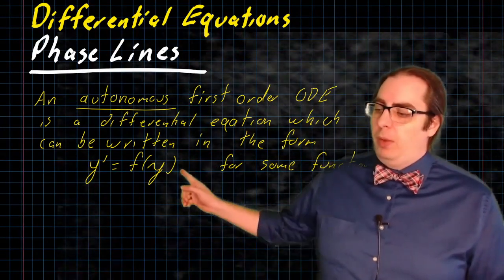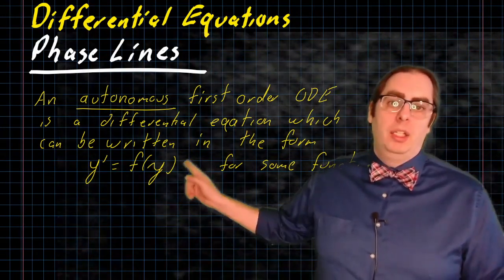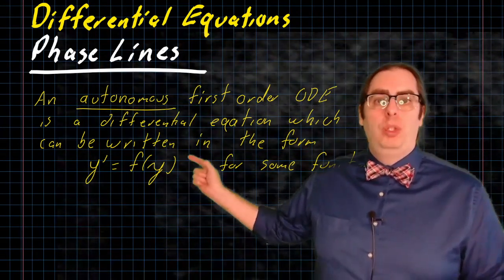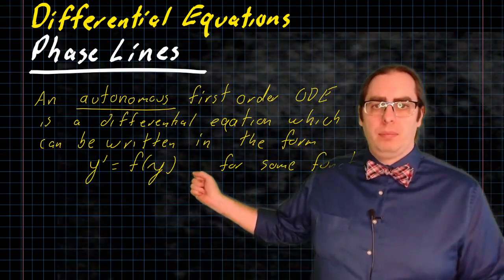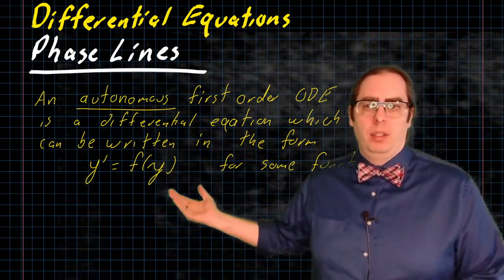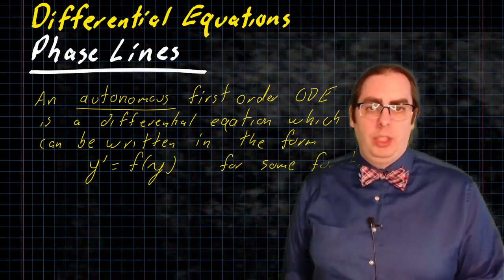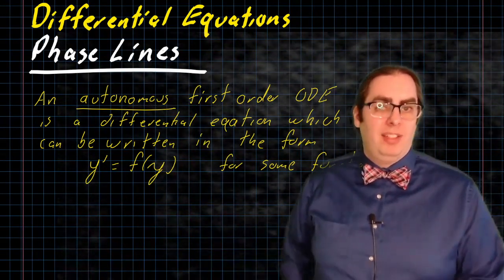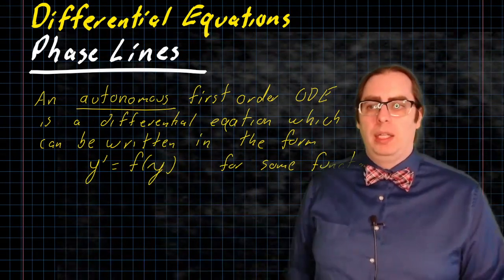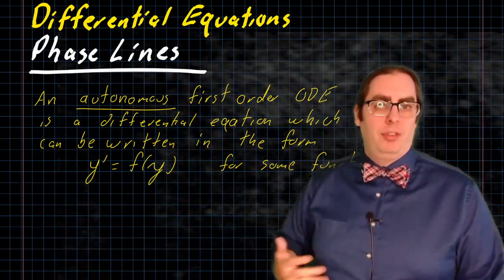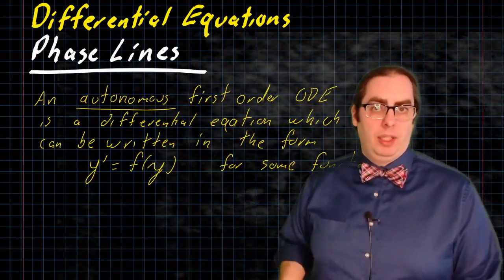Instead of having both x and y showing up on the right-hand side, now we have only y. I could put x there, right? A function of x and y that actually only includes y and not x is still a function of x and y. But specifically, having no x allows us to simplify things greatly.